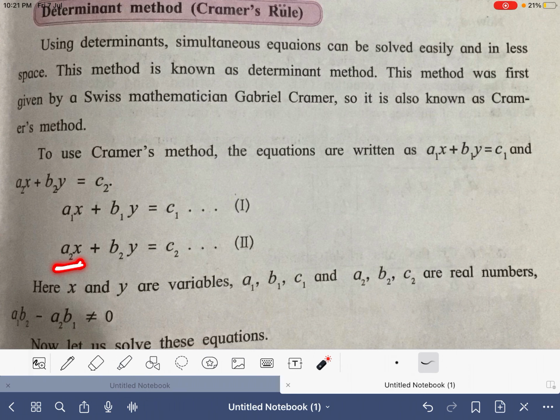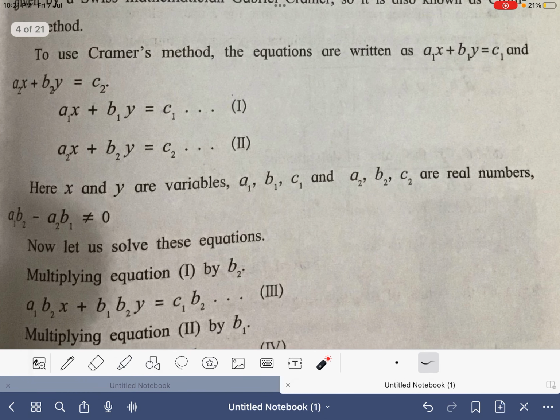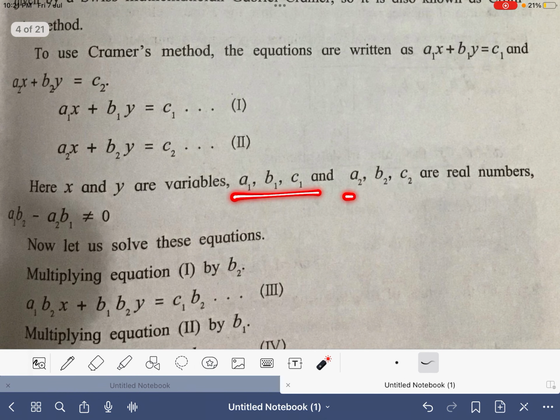Similarly a2 is the coefficient of x, b2 is the coefficient of y, and c2 is the constant for the second equation. Clear? So from 1 and 2 we get a1 b1 c1, a2 b2 c2.